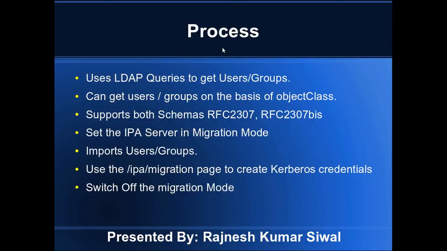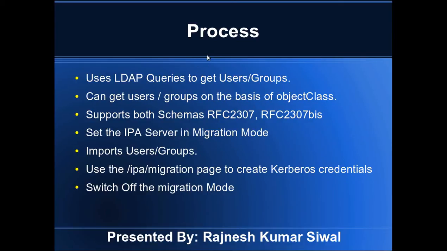Okay, so what exactly is going to be the process when we are migrating from 389 directory server to IPA? First thing is you should have IPA server already installed. Second, you set the IPA into migration mode. Thirdly, you tell the IPA server to start migrating.